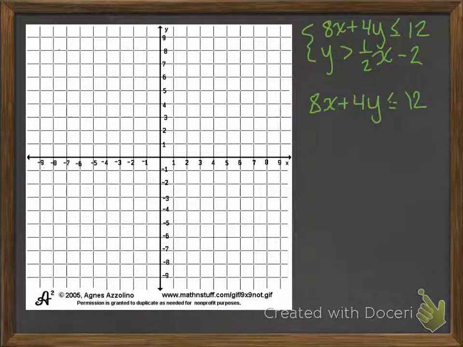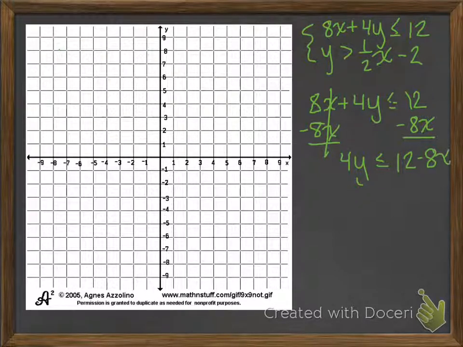Our goal is to get y by itself. In order to do so, we need to subtract 8x from both sides. So it cancels out on the one side. We're left with 4y less than or equal to 12 minus 8x. Then we need to divide by 4.